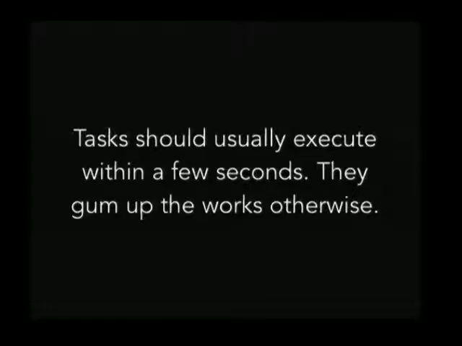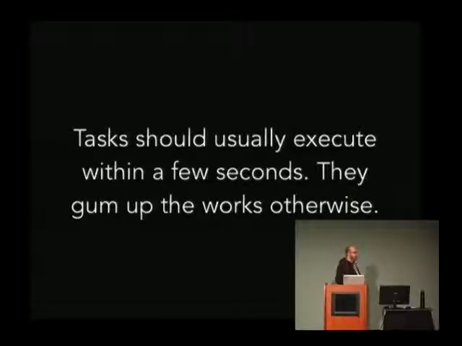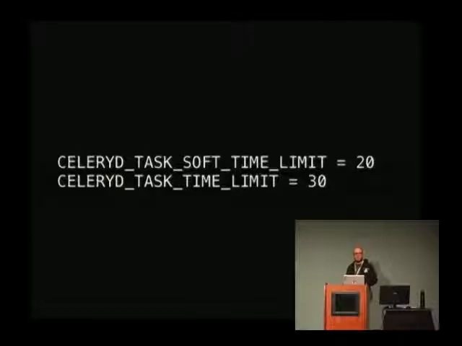The other point: tasks should usually execute within a few seconds. We found it's an anti-pattern if they last any longer. It takes forever to restart the brokers if there's a whole bunch of tasks that take a long time when you're trying to do continuous deployment. There's a whole laundry list of reasons why this is bad. So we use a soft time limit of 20 seconds.